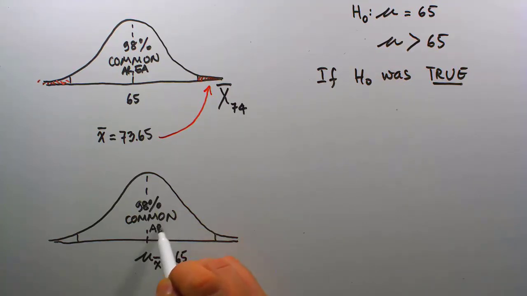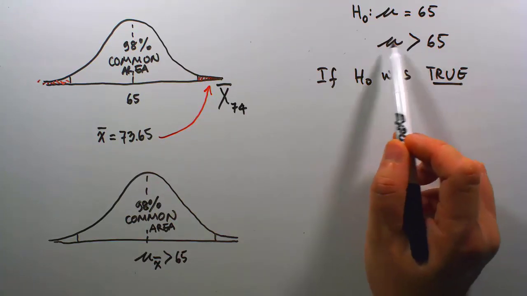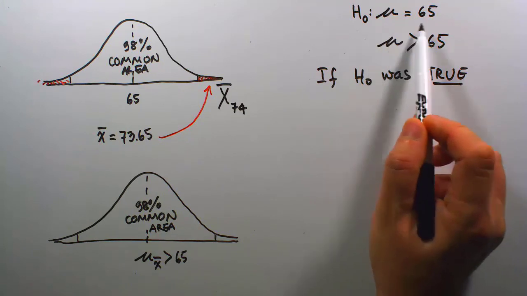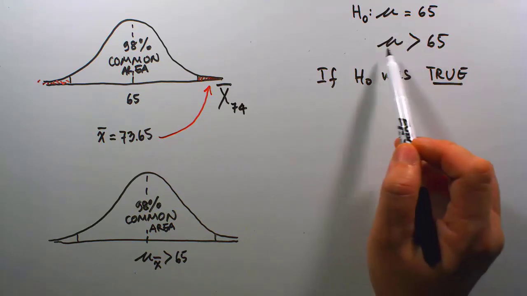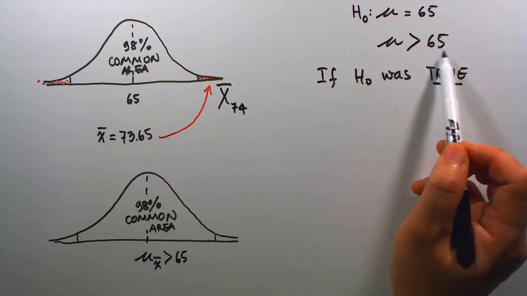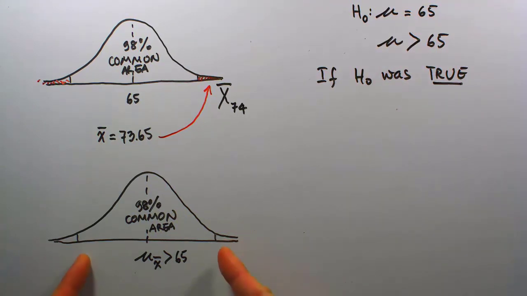And so with this 98% being the common area, once the person who made that claim changed the value of the claim to anywhere higher than 0.65, the first thing to realize is that the common area would shift along with that to always stay around the new center.